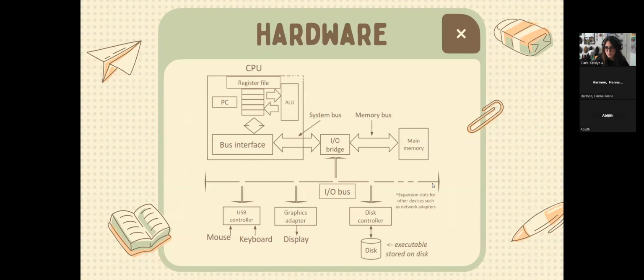And then this is the I/O bus, which is basically just a big, long wire. You could think of it almost like a wire that you can then connect everything else to. So your display, USB controllers, like if your camera is set up to it or your mic, that's how it's going to connect with the computer CPU, all of your disk stuff, etc.